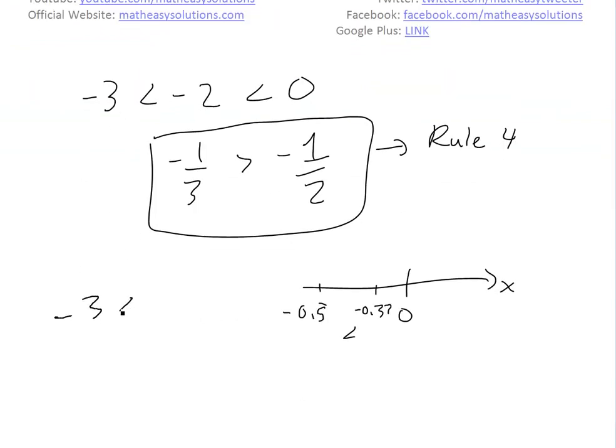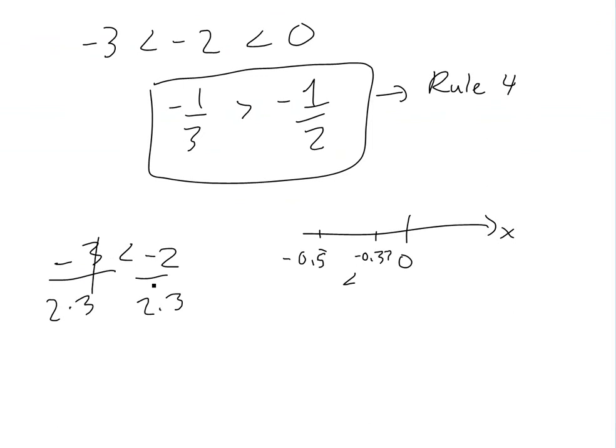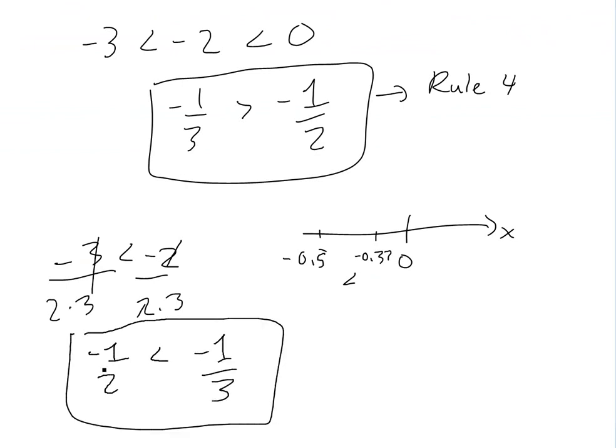Take negative 2 and divide both sides by 2 times 3, and this cancels, this cancels. We're left with negative 1 over 2 is less than negative 1 over 3, which is the exact same thing as this one, just greater than it.